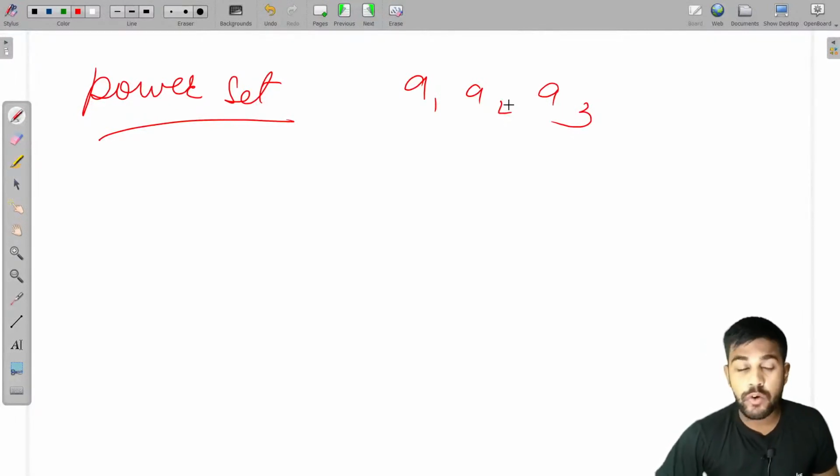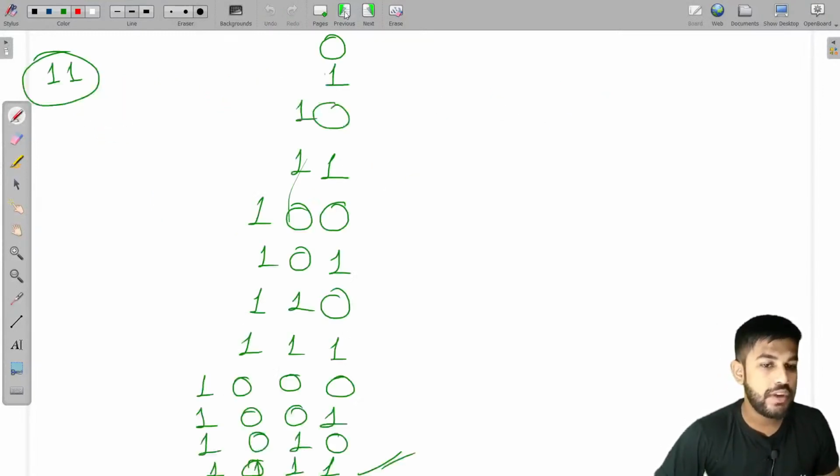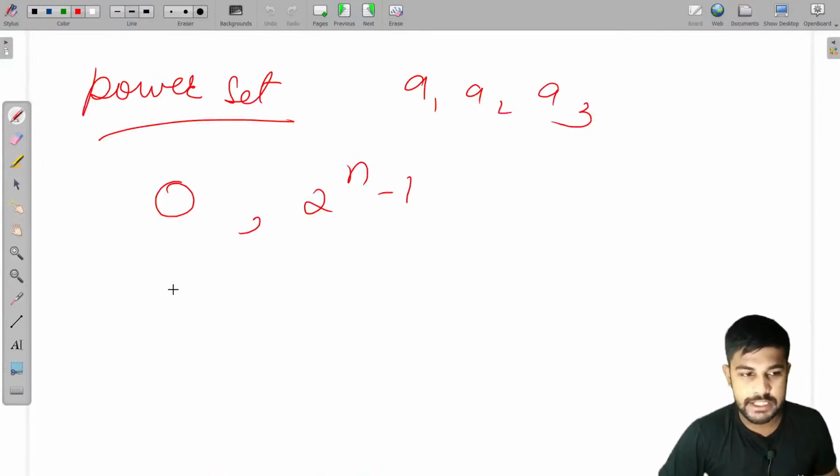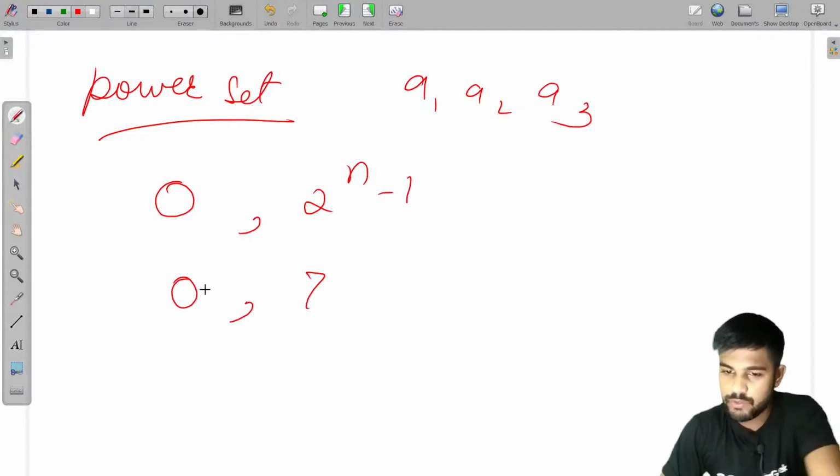The possible combinations would be the number of set bits from 0 to less than 2 to the power n minus 1. What I am trying to tell you, I am showing you. Suppose we have from 0 to 2 to the power n minus 1; 2 to the power 3 is equal to 8, so from 0 to 7 itself. We want this.